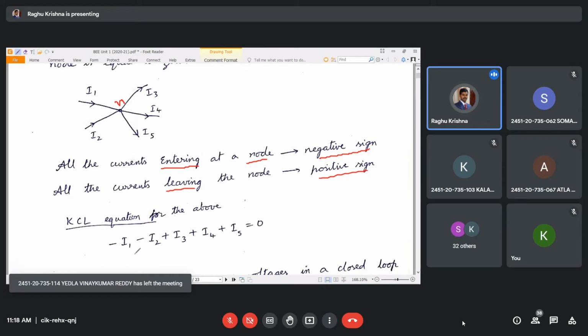Minus I1 minus I2 plus I3 plus I4 plus I5 is equal to 0. This is the KCL equation at this node n. Is it clear? If it is clear, I will go for KVL. And you have to do the problems.